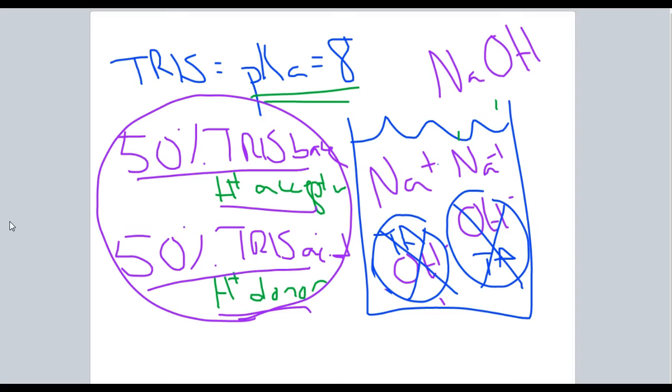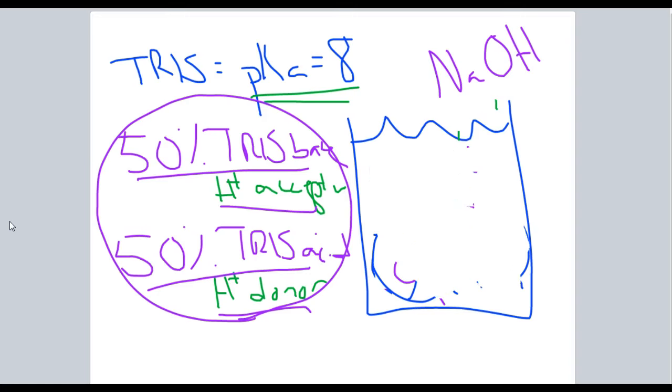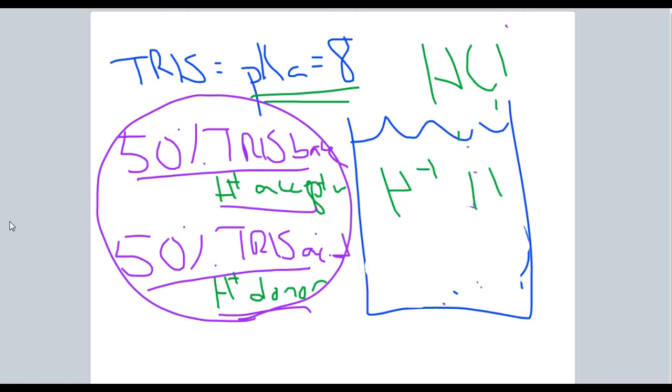Now, the last point we can make about this is that idea of breaking a buffer. So if we imagine that we've been adding hydrochloric acid to this solution again and again and again, and we've added so much hydrochloric acid that all of our tris base has already accepted a proton.